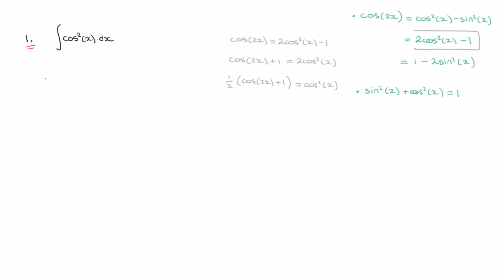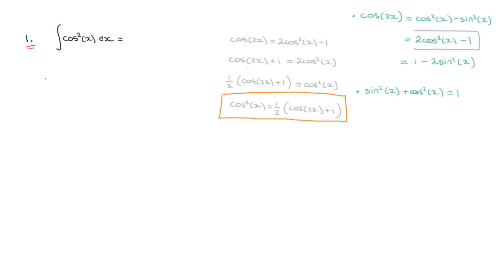And in fact, I'll go ahead and rewrite this from right to left so that it says cosine squared of x equals 1/2 times, in parentheses, cosine of 2x plus 1. And this is the result we're going to use here. Indeed, going back to our integral here, we can now rewrite this, replacing cosine squared of x by the expression that we have on the right-hand side here.